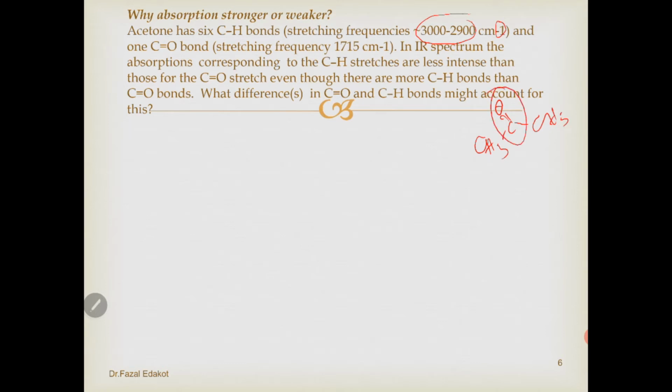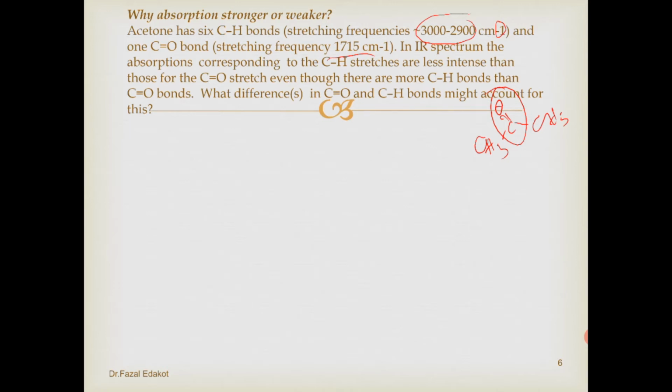The CO bond stretching frequency comes somewhere around 1715 per centimeter. In the IR spectrum, the absorptions corresponding to CH stretches are less intense than those for the CO stretch, even though there are more CH bonds than CO bonds. In acetone, there are 6 CH bonds and only 1 CO bond.